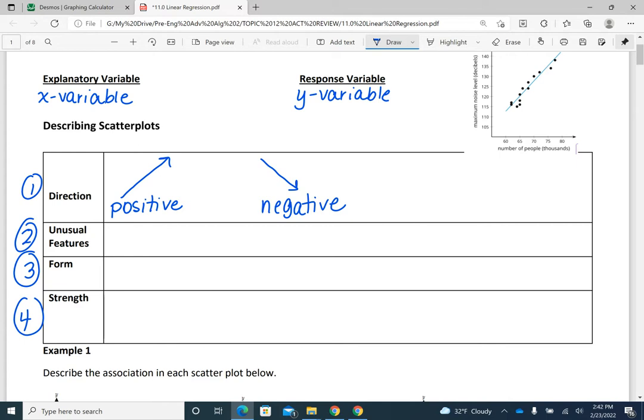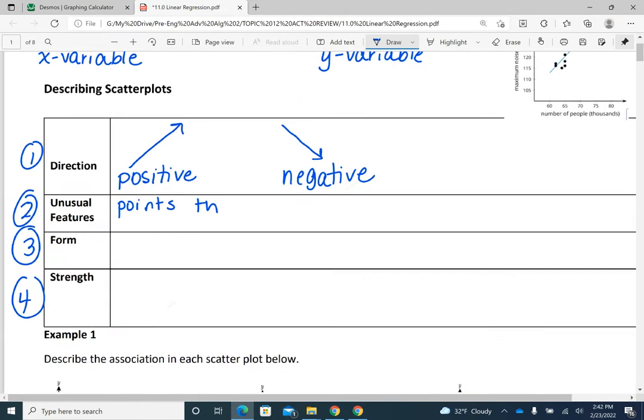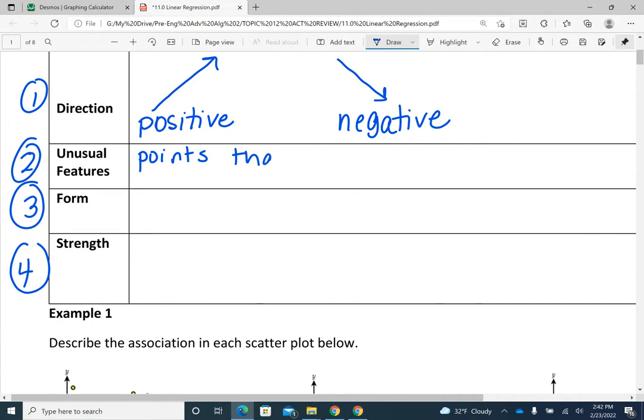Unusual features would be points that don't follow the pattern, in other words, points that aren't really doing what all the other points are doing, or gaps in the data. So you might have a whole bunch of points together, and then this little lonely point on the other side.